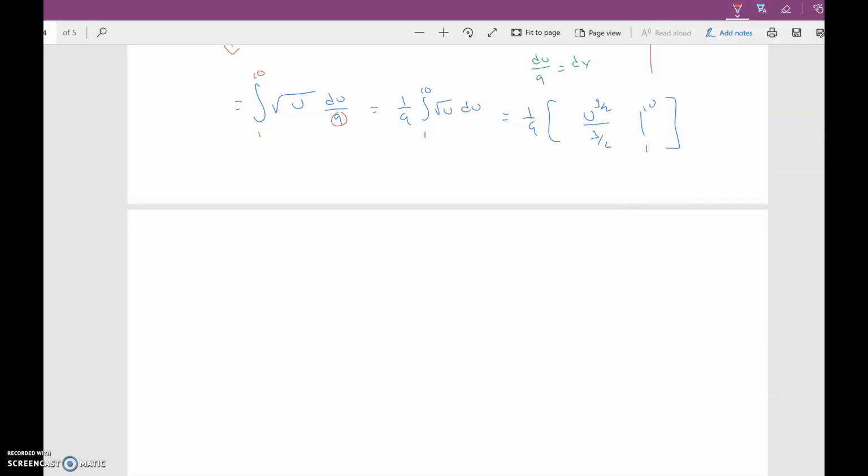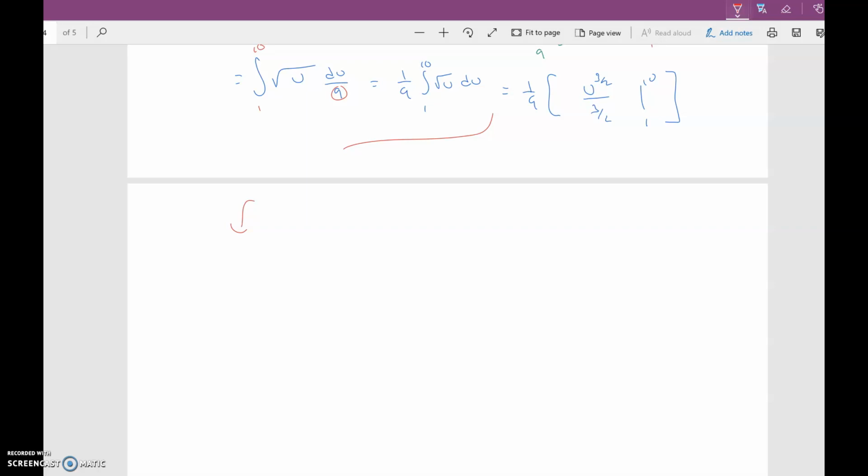Let me take this to the next page. This is equivalent to 1/9 times 2/3 times u to the 3 halves from 1 to 10.